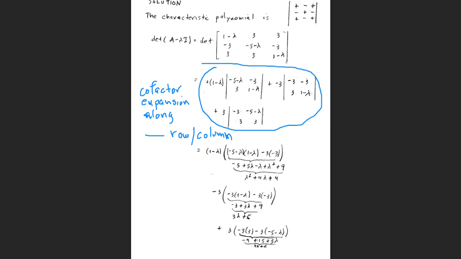So, here's our matrix. There are no zeros in the matrix, so I'm going to have the sum of three terms. Hold on here. Cofactor expansion, that was back in section 3.1, right?